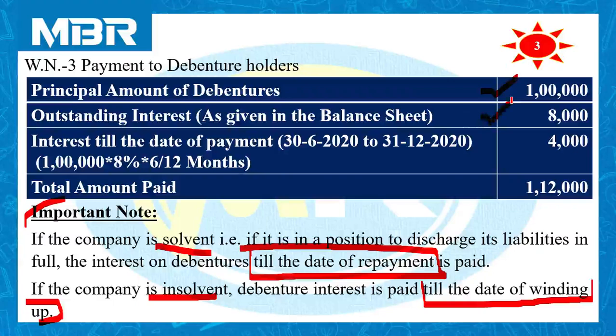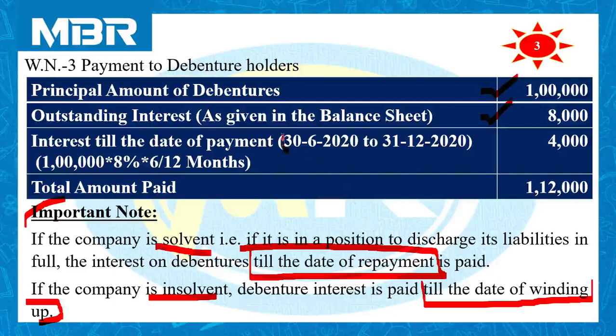And the company is solvent because it has enough amount to pay all the creditors. The company is at the capacity to discharge all the liabilities. So the company is solvent, and we need to pay additional interest till the date of payment.